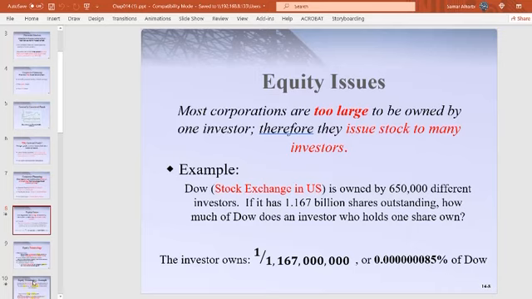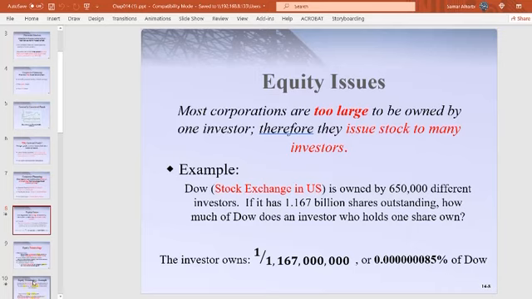Which is why there are a lot of shareholders in a company, because it's practically impossible for one person to hold the complete business. It is possible when the business is small, but it is not possible when it is very large. Therefore, the company issues stock to many investors.